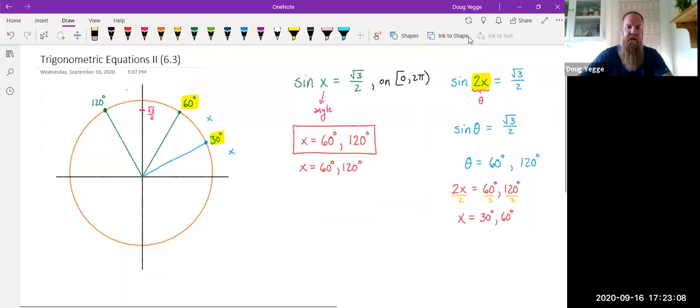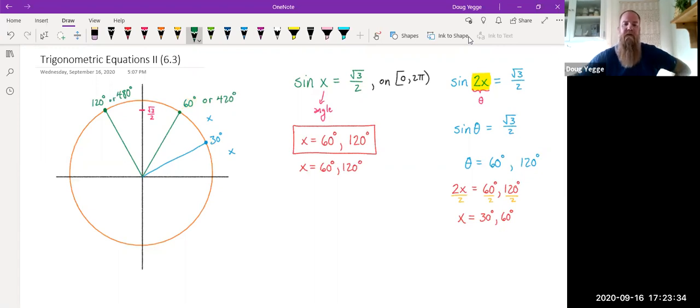In fact, we need to recognize that 60 degrees is coterminal to 420 degrees by adding 360. I could see that 120 degrees is coterminal to 480 degrees. Okay, again, by simply adding, I shouldn't say equal, these are different angles.